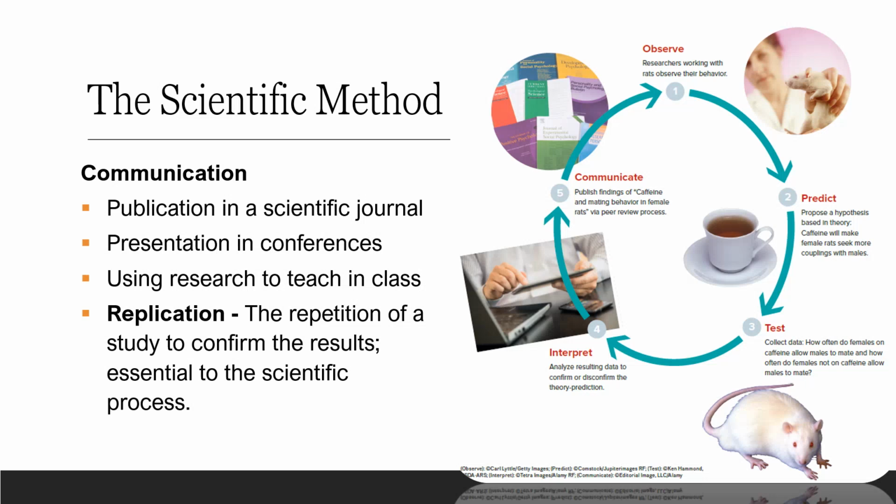So for example, you became a professor in psychology, then you can use research that you can see in a book or online in journals so that you can stress a certain idea, you can make a point. And lastly, and most importantly, research sometimes leads to replication.